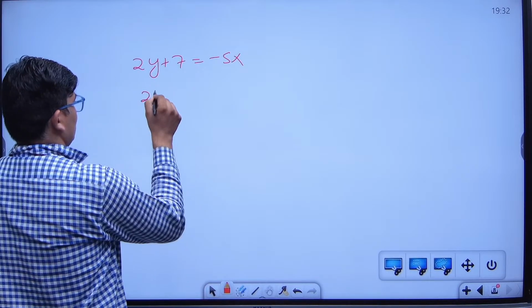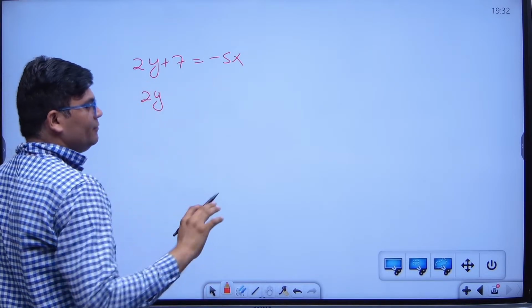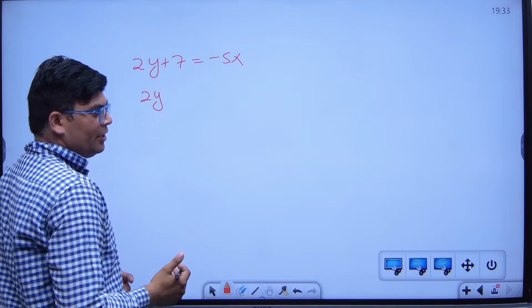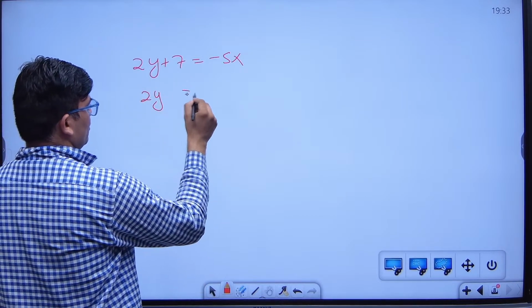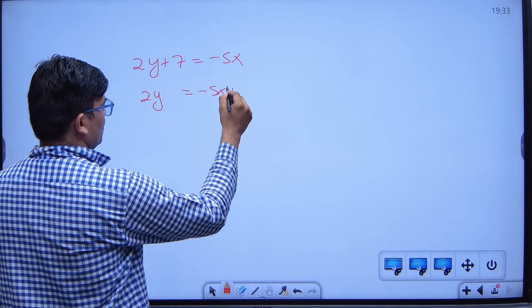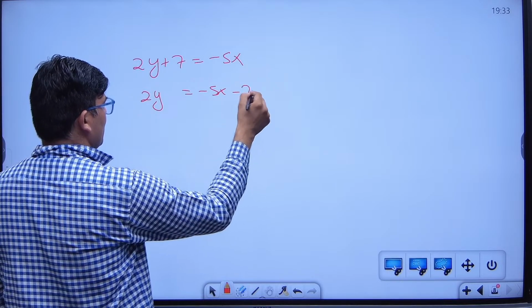Right, minus 5 by 2. See, if they are on the same side, if they are having different signs, then it is positive. If they are having the same sign, then it is negative. But they are on the different sides. So you have to be very careful.